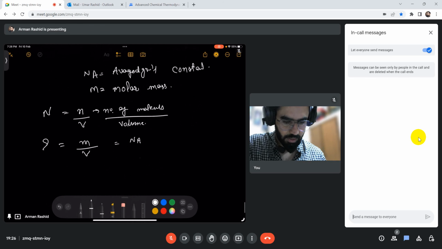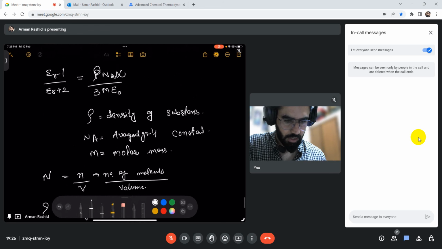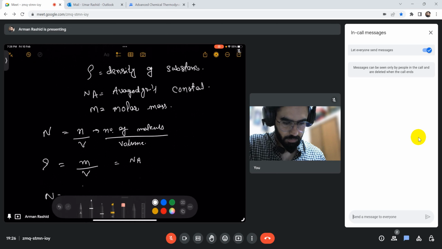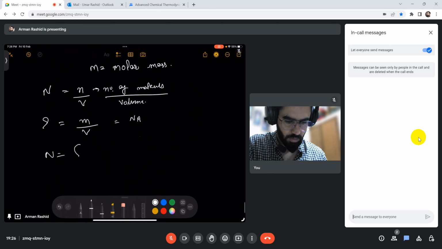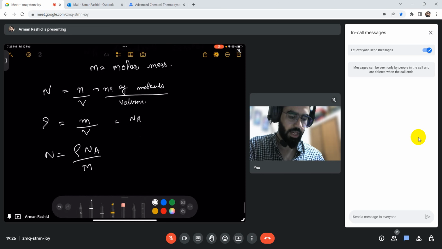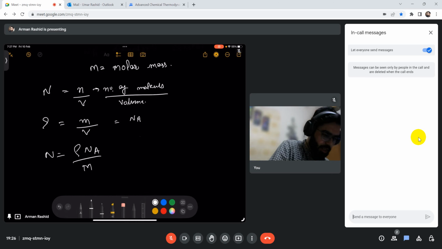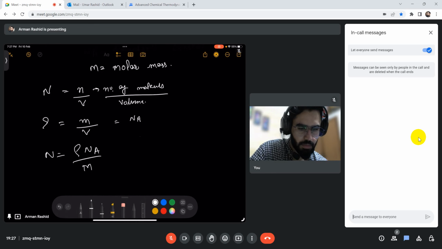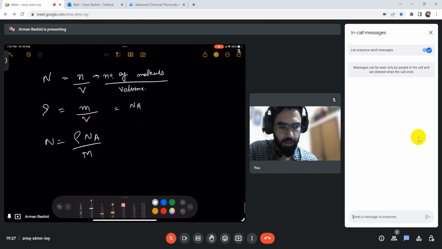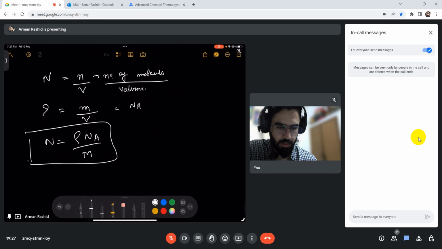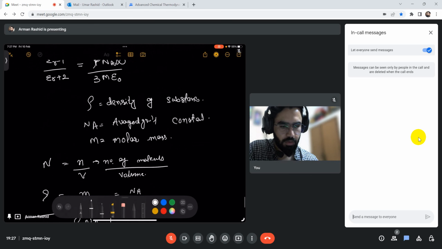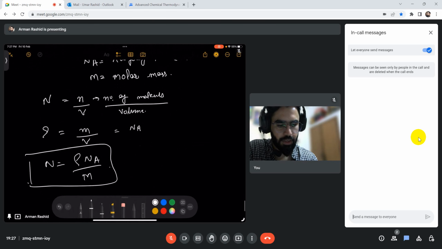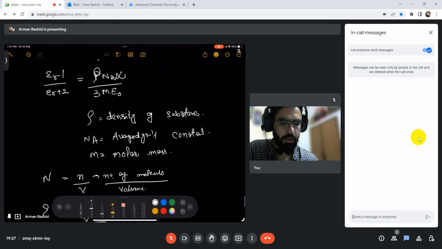So the number density n is given by density times Na by M, where M is the molar mass. Now we'll use this equation.